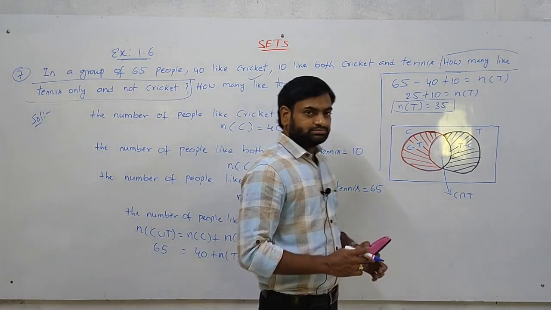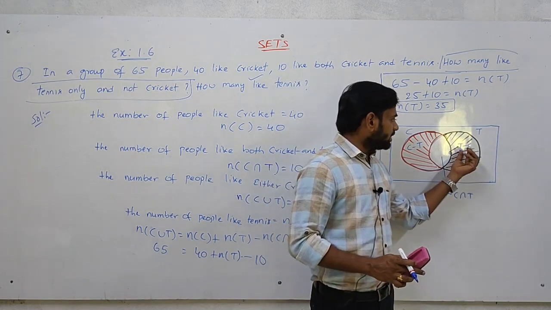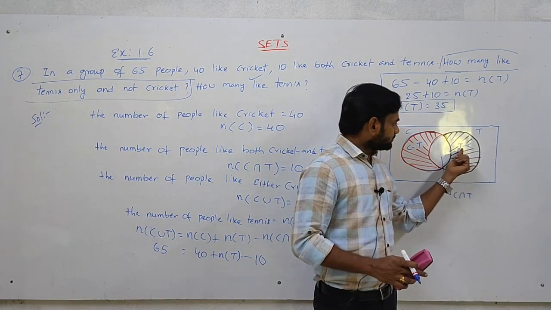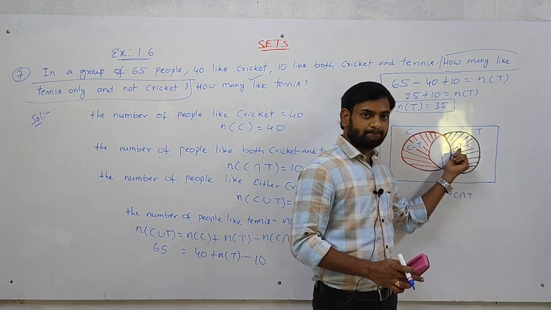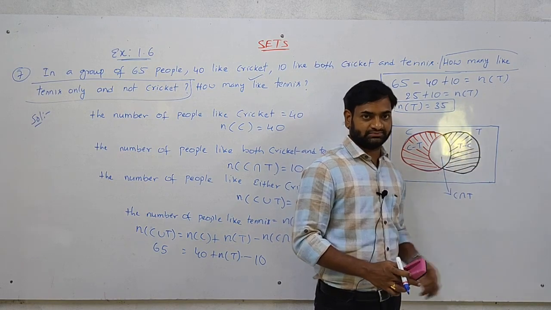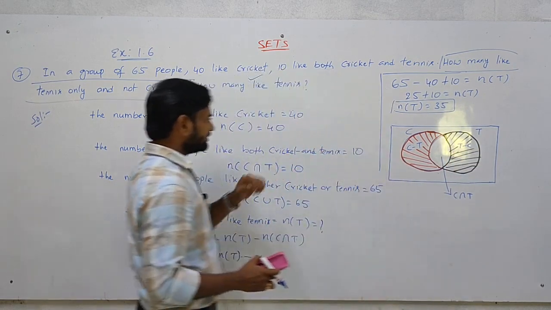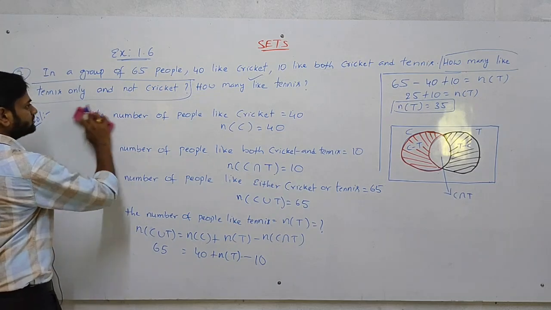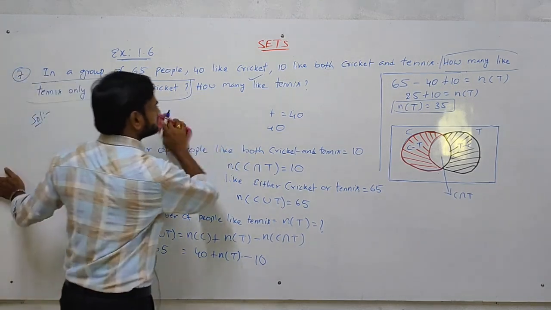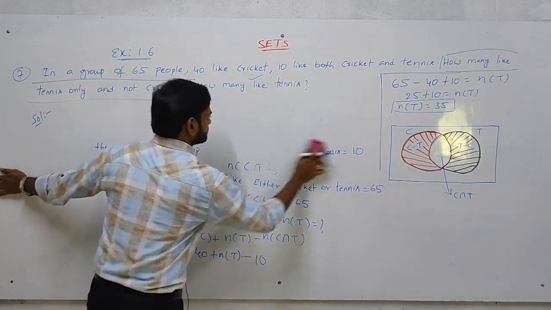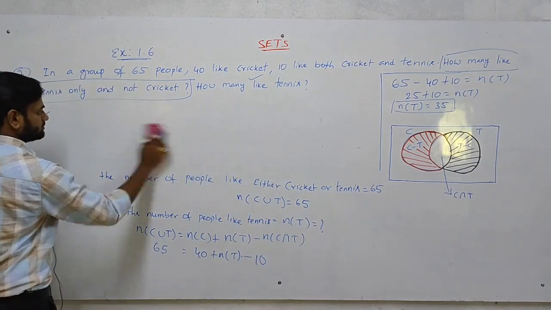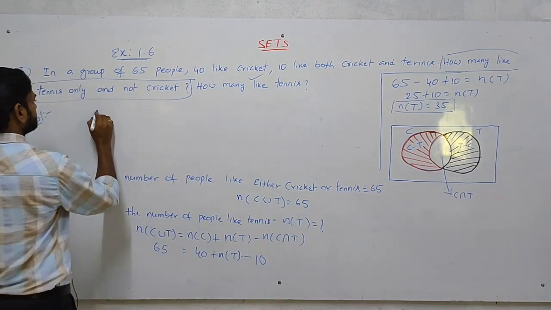Now see here. This value we have to find, that means the number of people who like tennis but not cricket. So how to find that one? I am erasing this here. I am writing clearly.